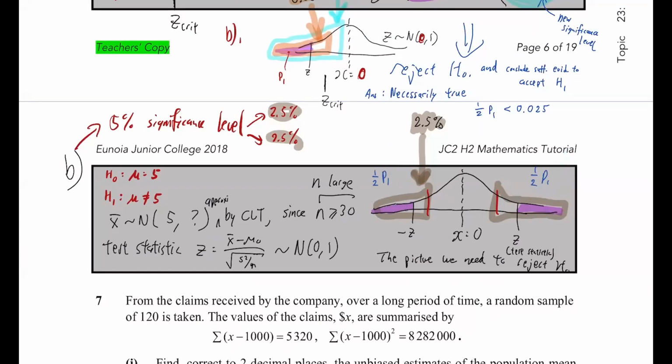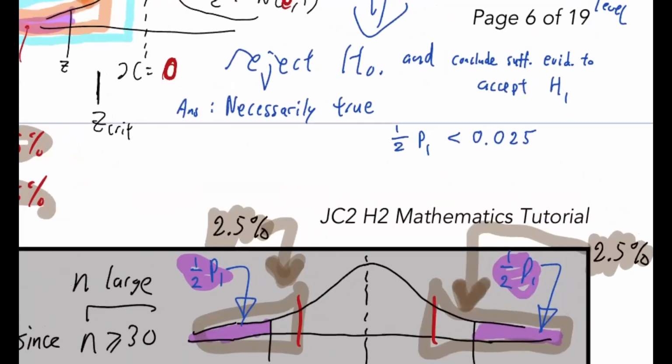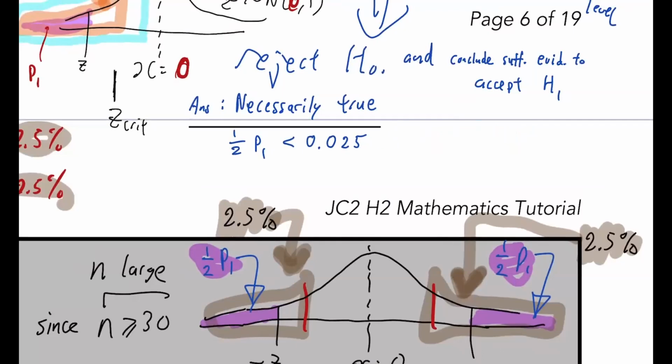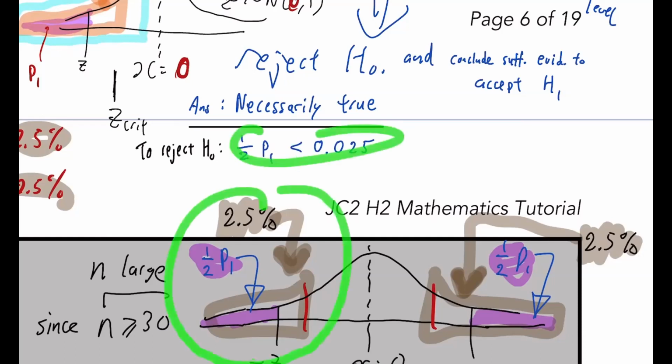Sorry, give me a moment to draw this. 2.5% and another copy of 2.5% there, and draw an arrow like this. So to reject H naught, we need half P1 to be less than 0.025. Can you agree with this inequality?